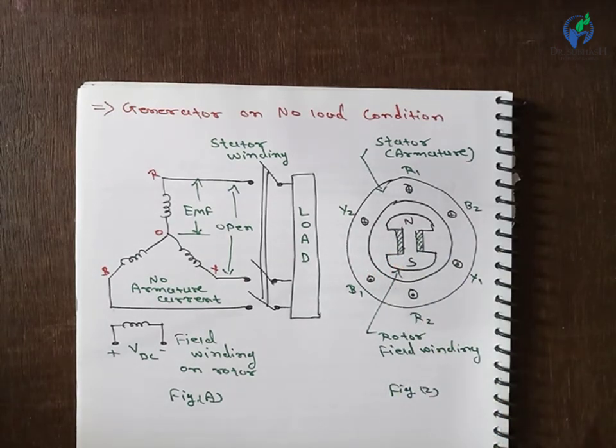The main flux induces the EMF in the armature winding, and the direction of induced EMF as per Fleming's right hand rule is marked on the above figure by plus and dotted signs. The EMF lags behind the main flux by 90 degrees, which we can recall from transformer theory.